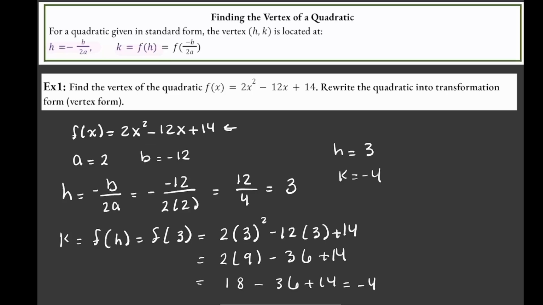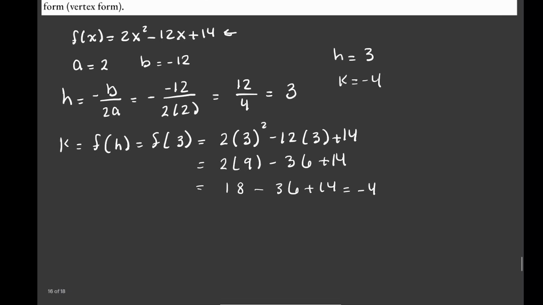negative 4. Now to write it in my vertex form equation, I know I am going to have an equation of the form f of x is equal to a times (x minus h) squared plus k. Now I have my h value and my k value. My a value I am going to obtain from my standard form equation because that value is not going to change.